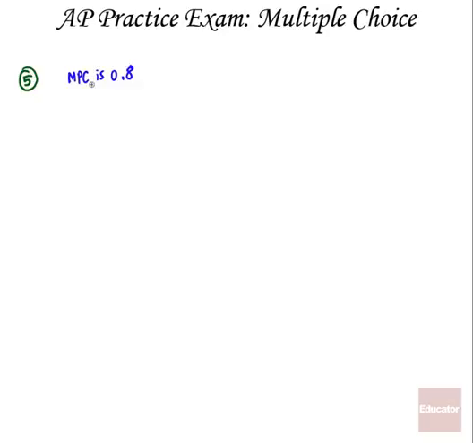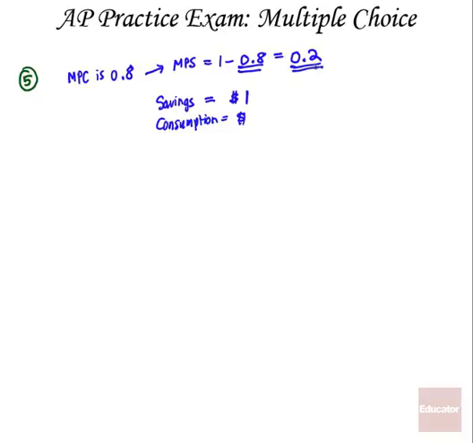All right, so if you have the marginal propensity to consume, then the marginal propensity to save equals 1 minus 0.8, so the marginal propensity to save is 0.2. If savings is, let's say, $1, then consumption equals $4, because the marginal propensity to consume is 80% and the marginal propensity to save is 20%.